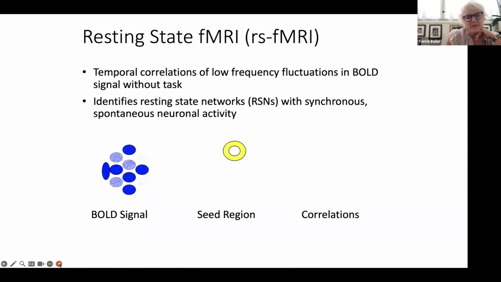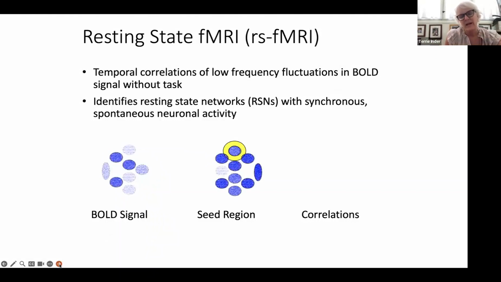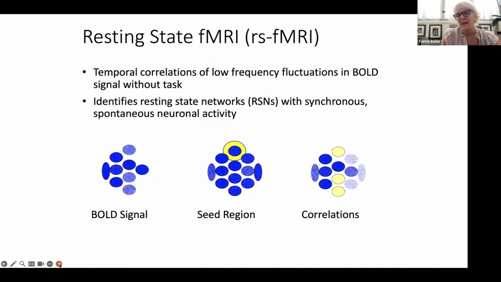If we put a seed region in one of these areas, we can try to identify who else is firing at the same rate as I am, whose blood flow is flowing in the same frequency, in the same way that my area of the seed is. And then I can have correlations between those. And that's what we call a resting state network.